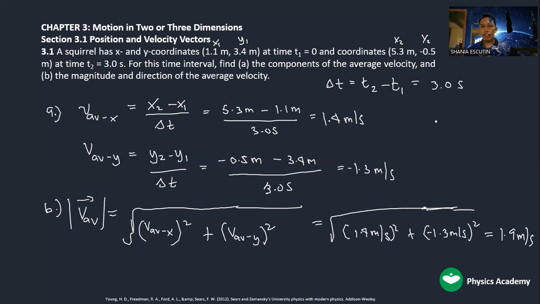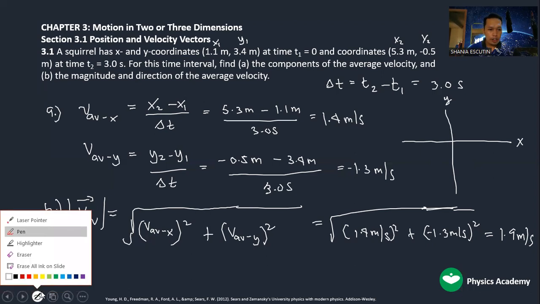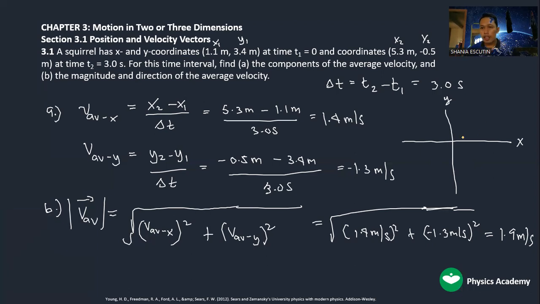How can you find the direction of the average velocity? If you make an x and y coordinate, note that your x component is positive, so it is located here. Let's use another color, such as yellow, for our illustration. This is your V average along x.